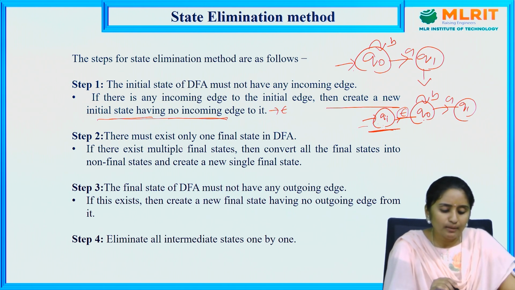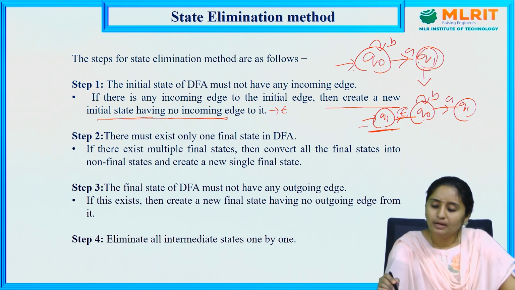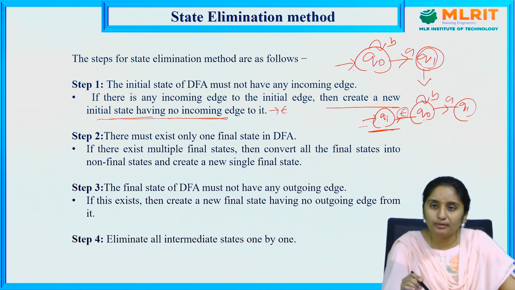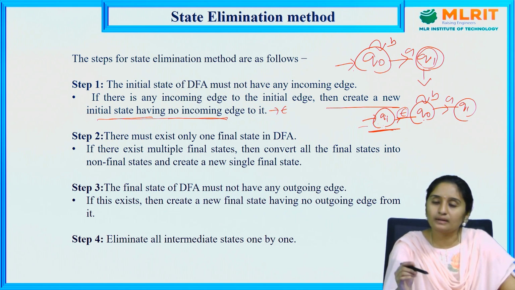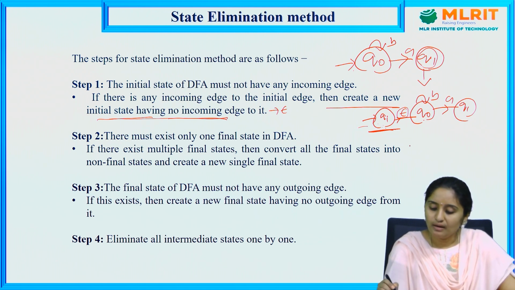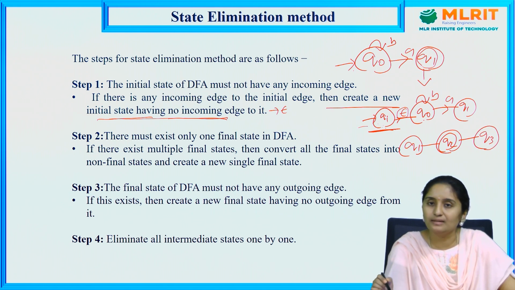Then next, there must exist only one final state in the DFA. In our diagram we should not have multiple final states. If we find multiple final states, then we need to create only one final state. For example, Q2 and Q3 are my final states.